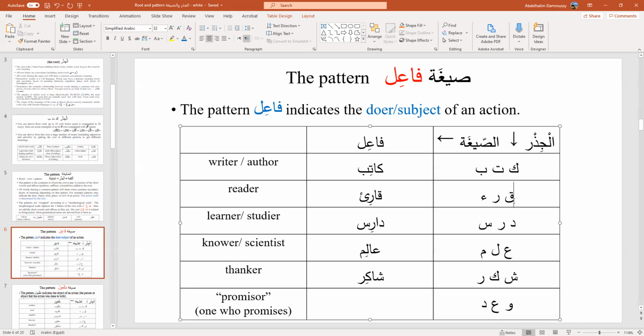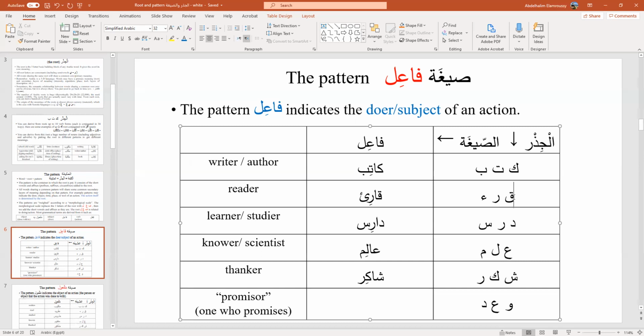Let's take the root qaf, ra, hamza. This root has to do with, you can pause, yes, reading. So any word sharing this root will have to do with reading. In order to put this root in the pattern fa'il, this is what you will be doing.